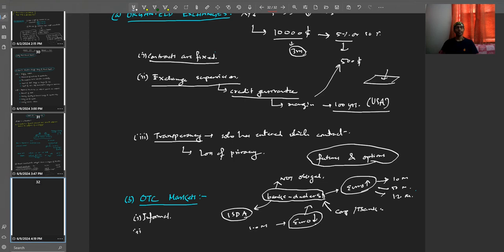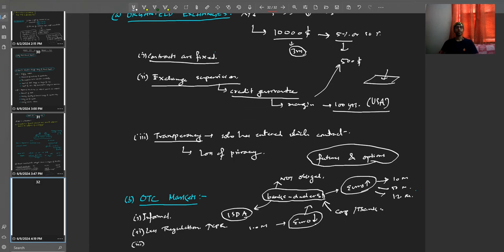Number 2 is there is less regulation. Less regulation also means more counterparty risk. In case of exchange traded contracts, the organized exchanges were giving the credit guarantee. In case of OTC markets, such guarantees do not exist. It is the party itself on whom you take the contract.